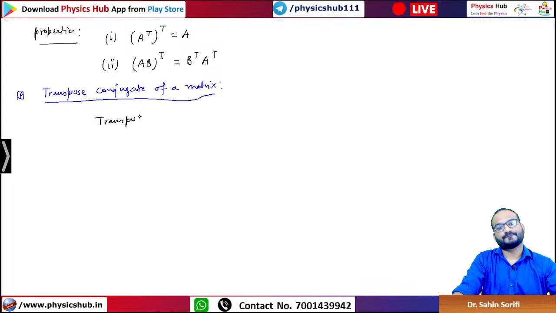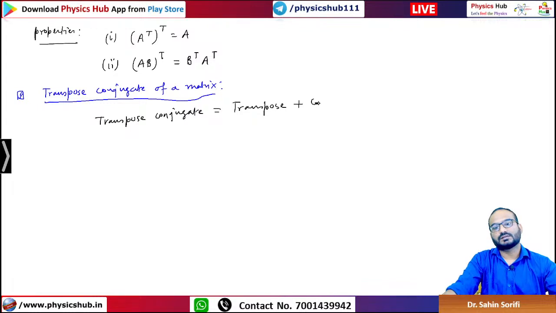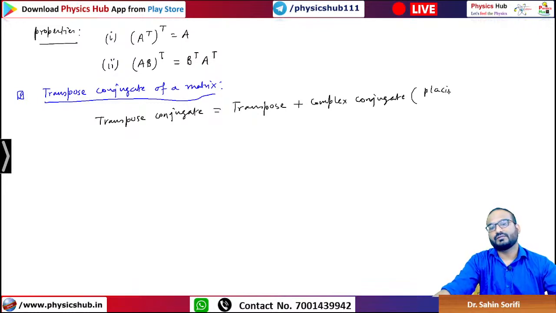Transpose conjugate, you can write it like you have to take transpose plus complex conjugate. Complex conjugate means wherever you see I, it will be replaced by minus I. This is a simple meaning of conjugate.